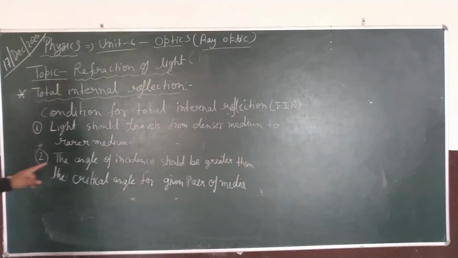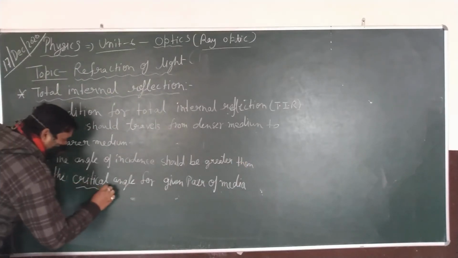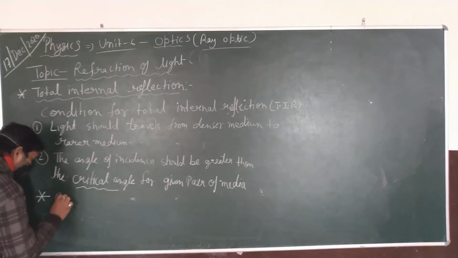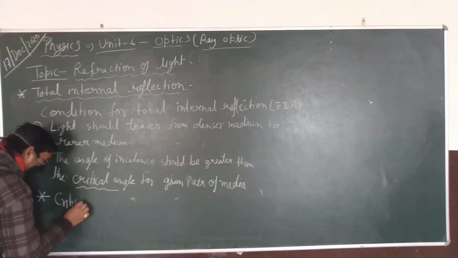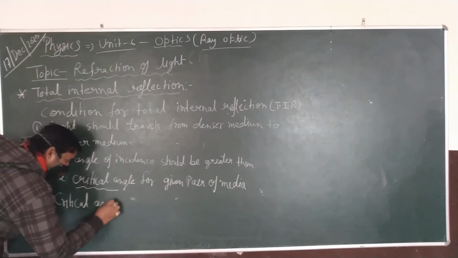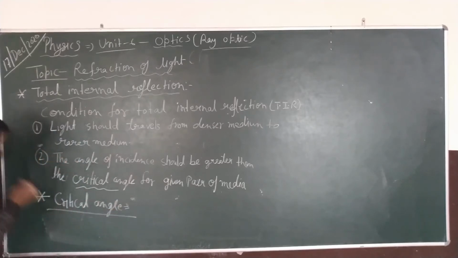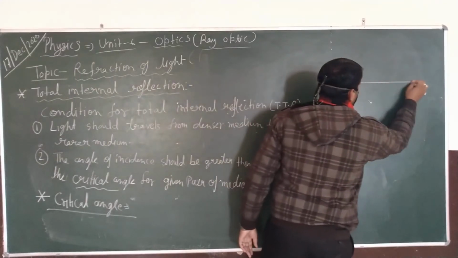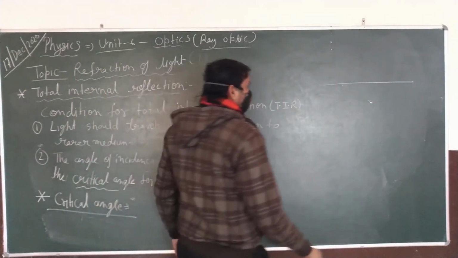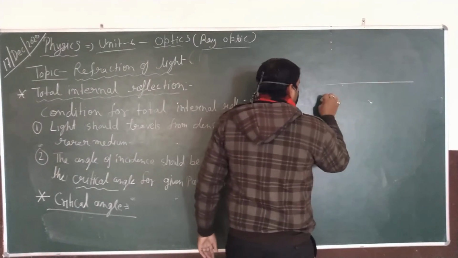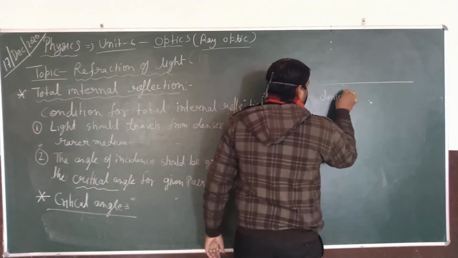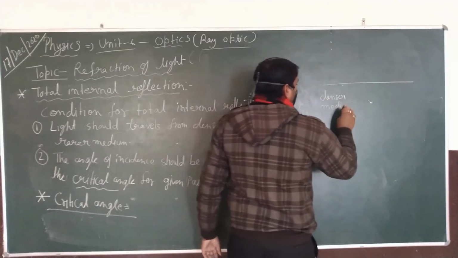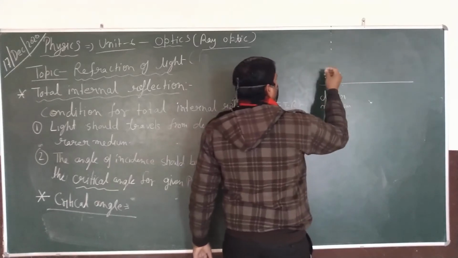Okay, we understood what the critical angle is. Now let us understand with the help of an example. Let's say this is the denser medium, and above is the rarer medium.